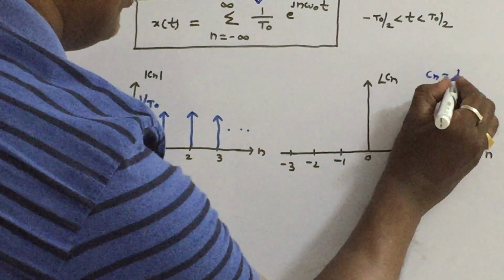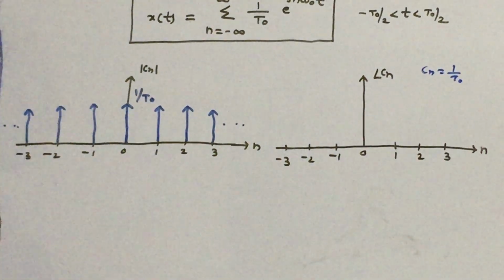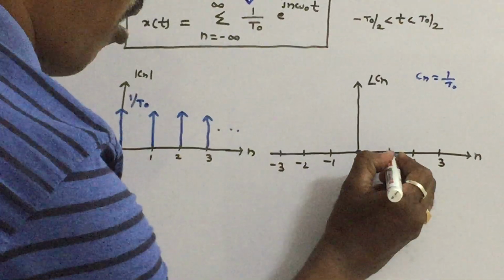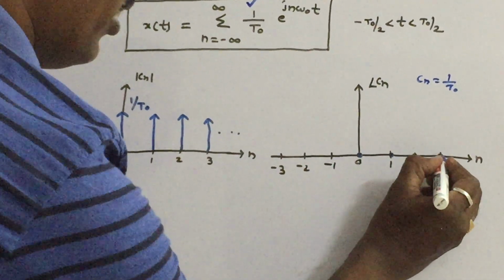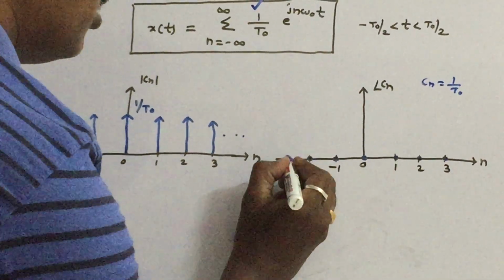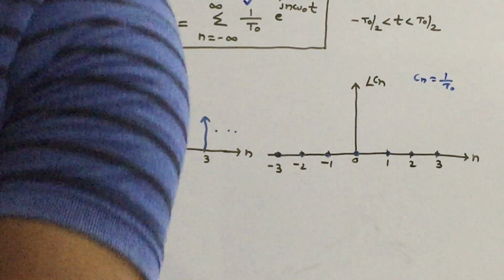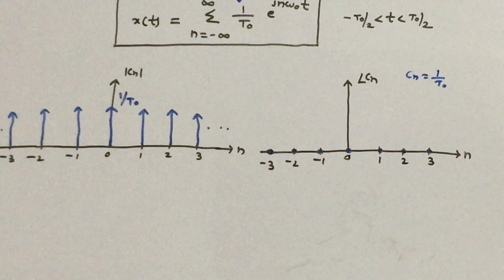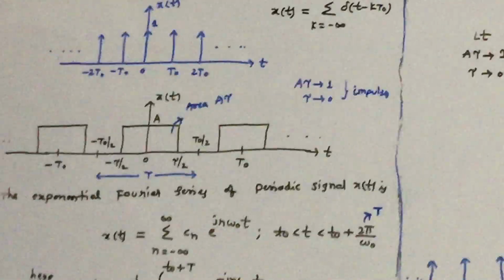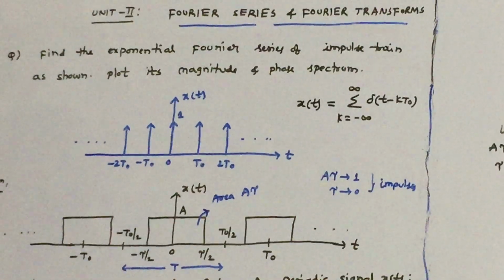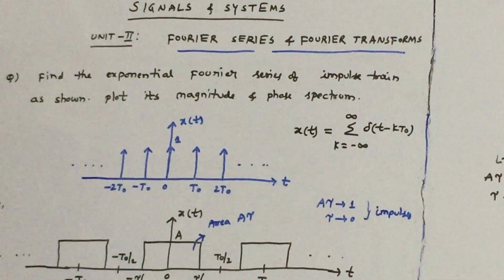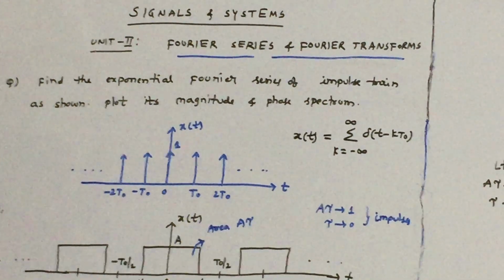Cn is equal to 1 by T naught. It has only a real part, the imaginary part is 0. Therefore, all the angles of the exponential Fourier series coefficients are 0. This is a very important problem for competitive exams, which has also been given in previous examinations. Thank you.